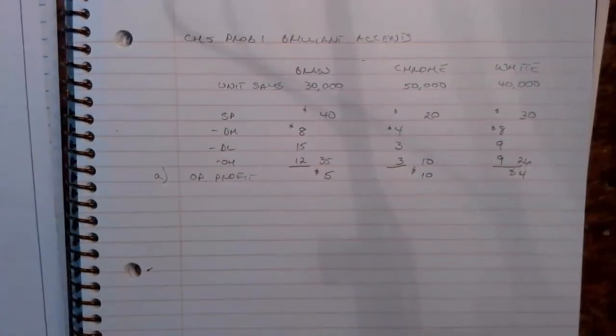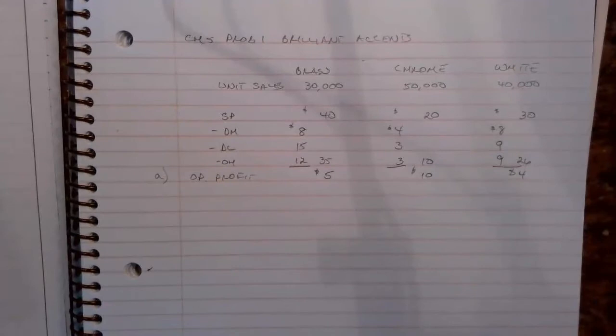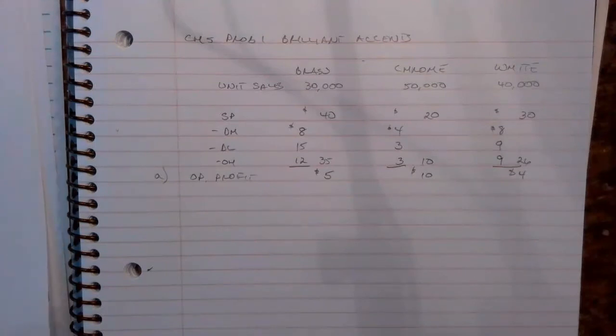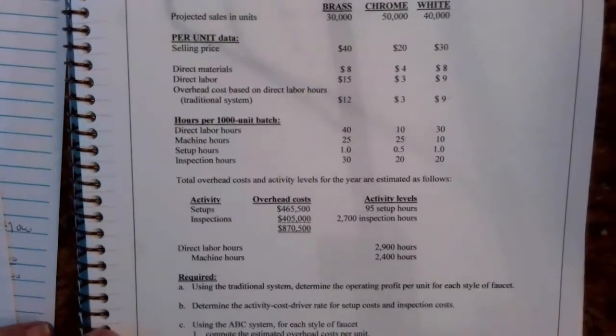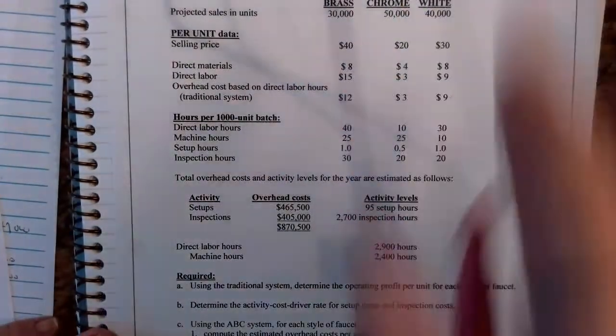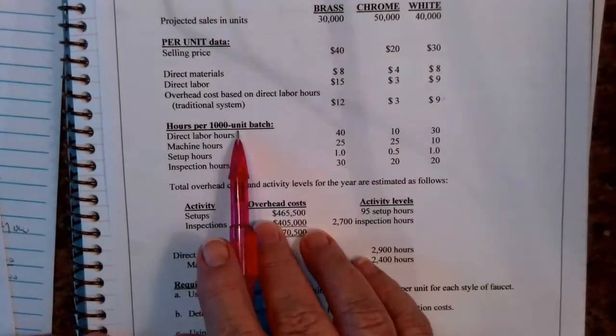The next thing they ask us for is to determine the activity cost driver rate for setup costs and inspection costs. And this is where ABC can get a little bit confusing. Let's go back to the assumptions here. They tell us that these are the setup and inspection hours per 1,000-unit batch.